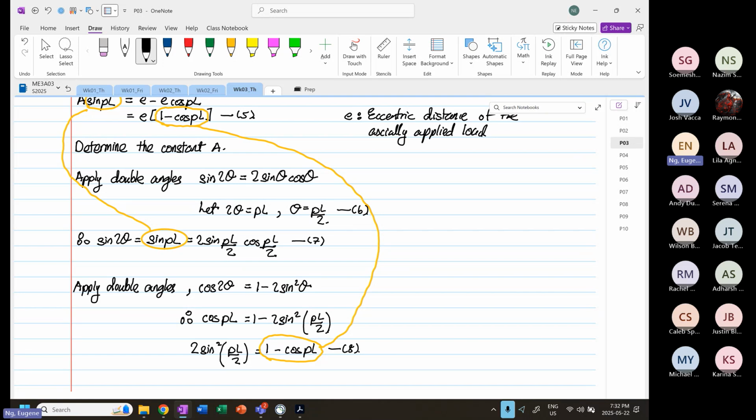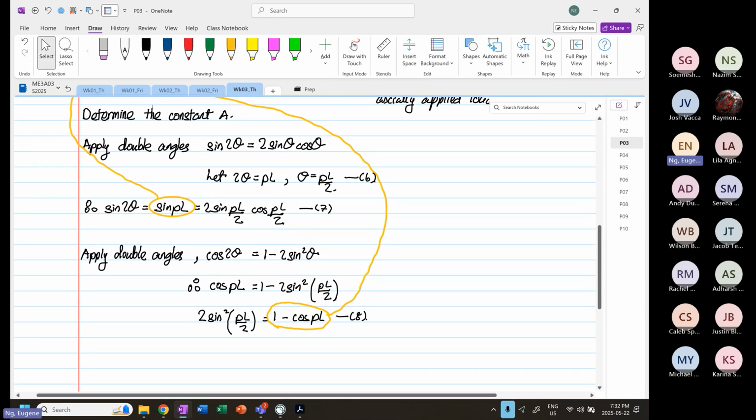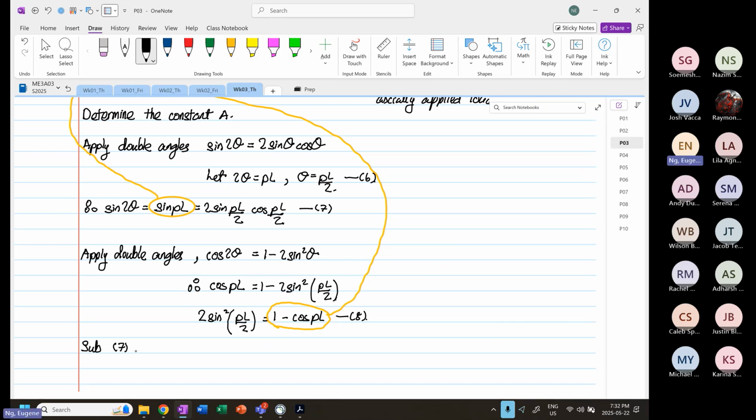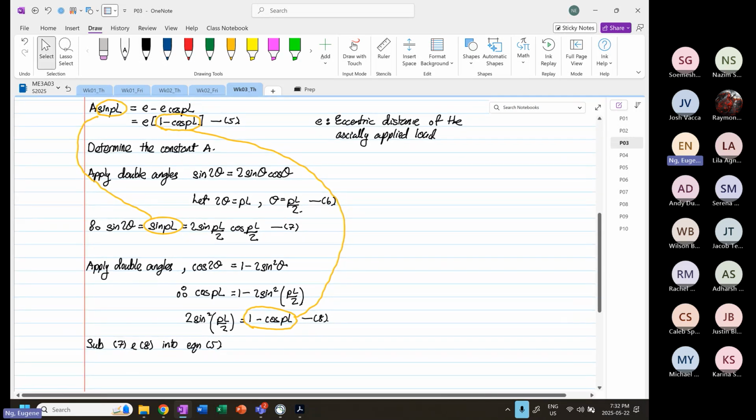So we're going to substitute both equation 7 and 8. We're going to put 7 and 8 into equation number 5.